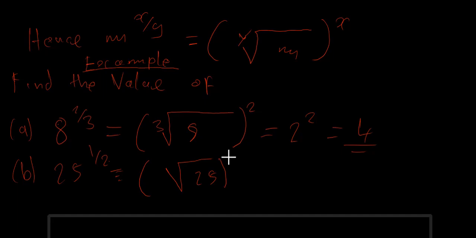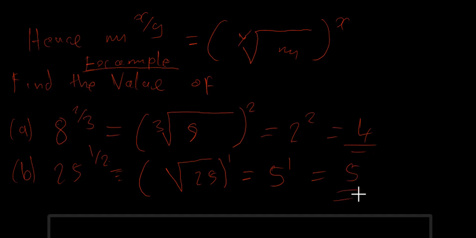The square root of 25 is just 5, to the power 1. So 5 to the power 1 is just 5.